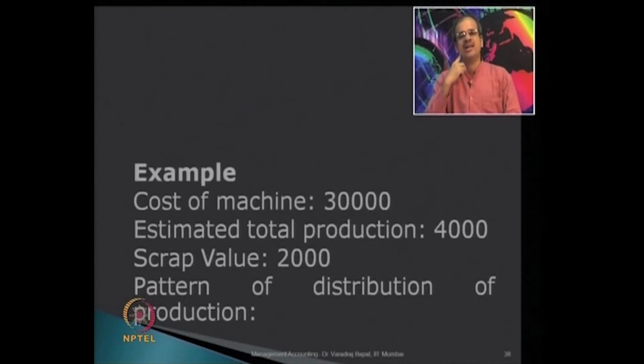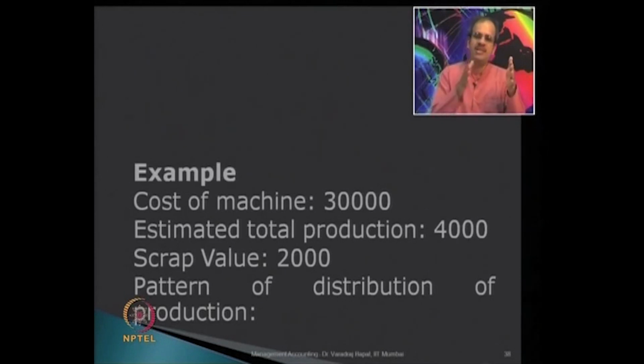So, again let us look at an example. Now, the cost of the machine is, let us say, 30,000. The machine is likely to give a production of 4,000 during its useful life and the scrap value is 2,000. Now, looking at this data, can you calculate the estimated depreciation per unit? Can you calculate how much is the depreciable amount?